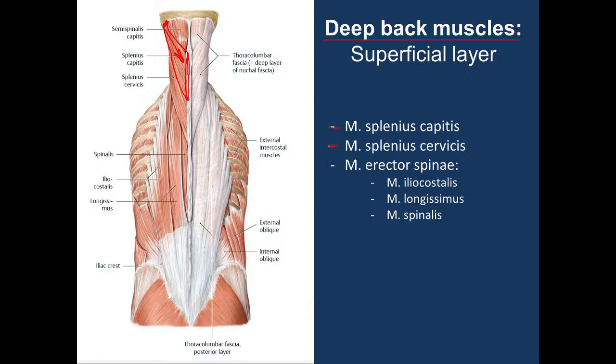The second muscle is located lower. It is also a splenius muscle, but it is the Musculus Splenius Cervicis here. And as you see, they are located mostly on the neck, but part is also on the back region.